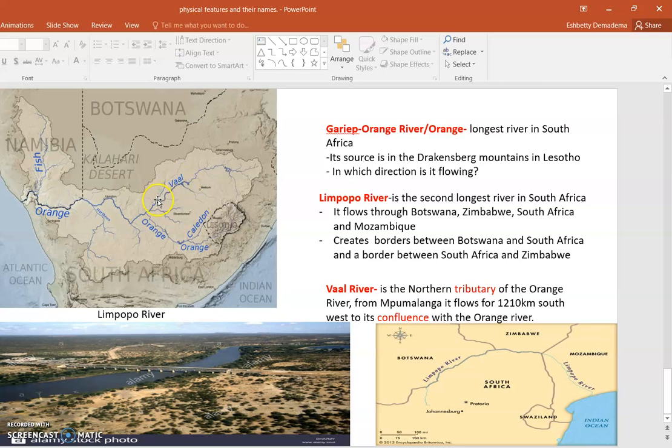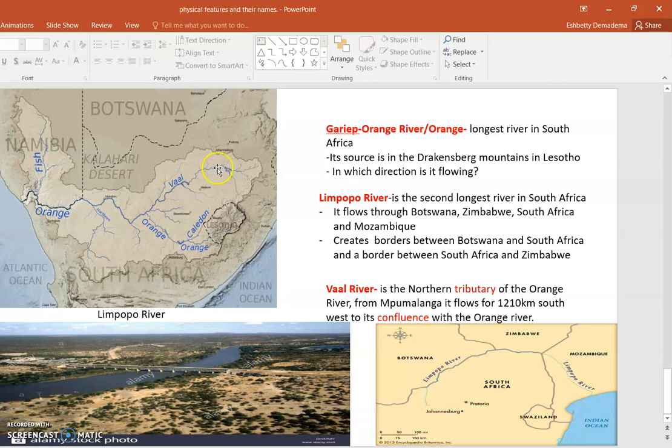So if you follow the Vaal, it goes into the Orange River from the north. And we are told that from Mpumalanga it flows for 1,210 kilometers southwest to its confluence with the Orange River.